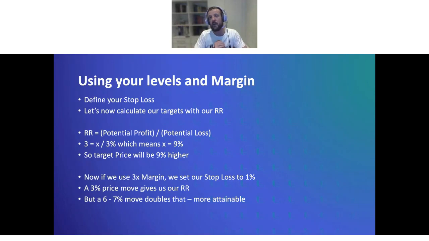We're also not waiting for the price to go way up to 9%. We're just tightening our approach. And what we're doing with a tighter approach is we are giving ourselves a better opportunity. The price only needs to move up a smaller amount for us to hit the same RR that we wanted to achieve when we first looked at the stock, and first looked at our portfolio and what we're able to risk.